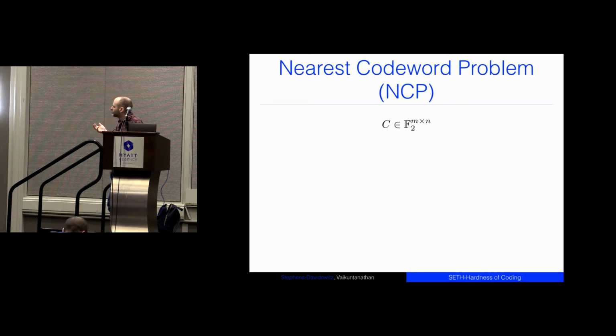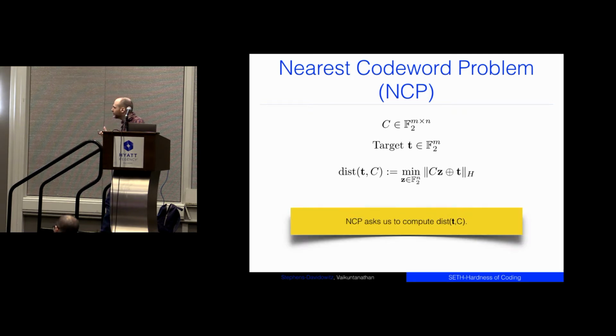So the main thing I'll be talking about today is called the nearest codeword problem. It's a computational problem. You have as input this generator matrix C, and then some other vector t. We can define the distance between the target vector t and the code as just the minimal distance between t and any codeword. And NCP, the nearest codeword problem, asks us to compute this distance.